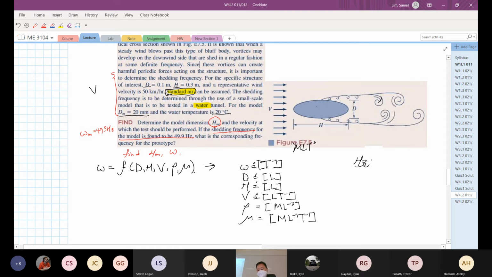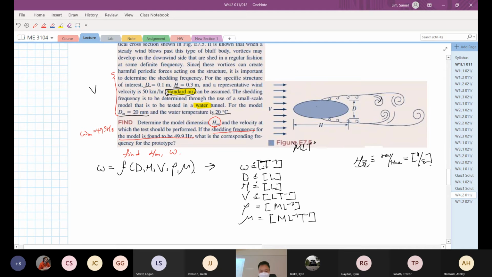It's revolutions per second. Then we have the units of 1 over time, right? It's already expressed as every one revolution of the rotation, or the interval. So we have just T minus 1 here.